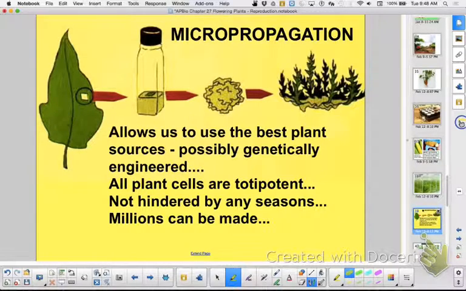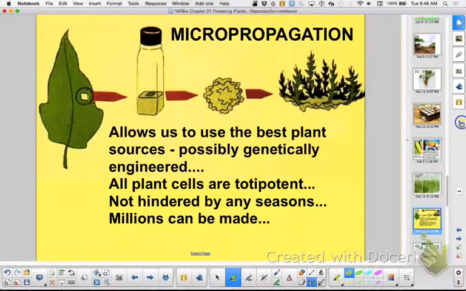When a sperm first fertilizes an egg, for a short amount of time that's totipotent. That's how you can get identical twins. And then they can just keep growing them up in the labs from that one parent, of exactly what they genetically engineered it potentially to do or be able to produce. So totipotency in plants is the ability of an entire plant to develop from individual plant cells.